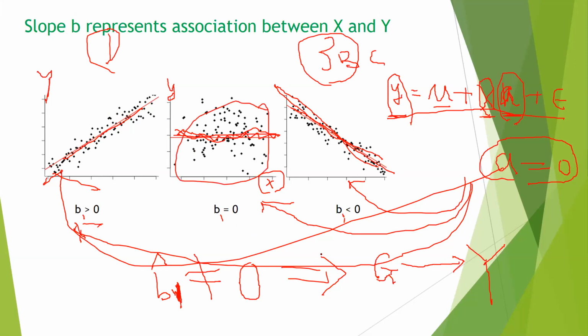So when we do GWAS, when we test each locus on the genome, we want to test this slope. We want to test if the slope associated with this locus is equal to 0 or not. Is that clear? Okay, very good.